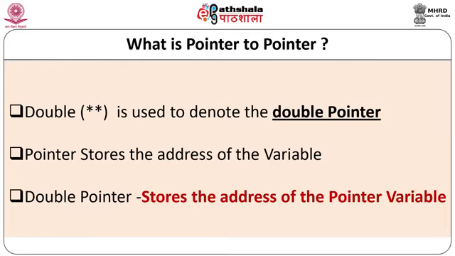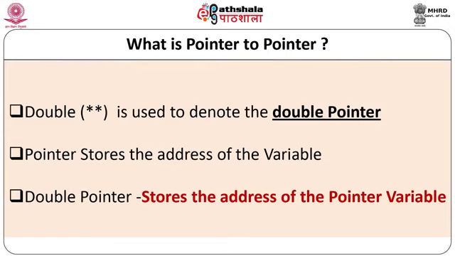Example, **P means P is considered as a pointer to pointer. As we know, pointers are a little bit difficult to understand for beginner C programmers. But if you understand single pointer, then double pointer can be easily understood.